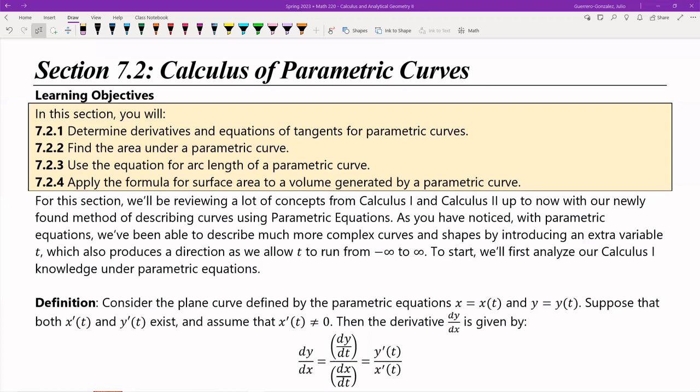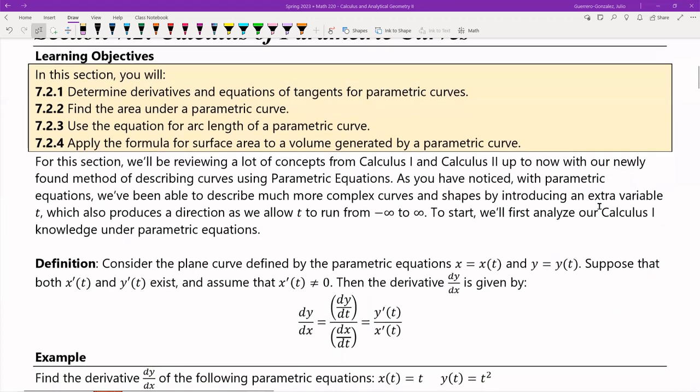So now that we know what parametric curves do, we'll start hitting it with a bunch of our Calc 1 stuff and our Calc 2 stuff and start making sense out of it that way, okay? The first thing I want to do is just define how to take a derivative of one.